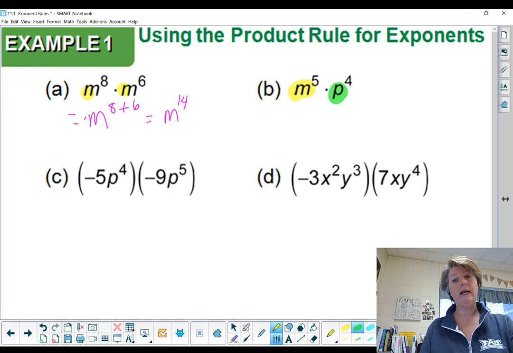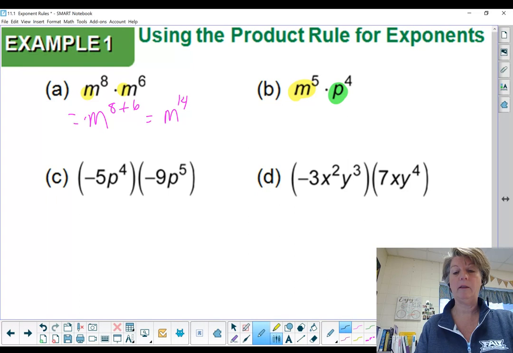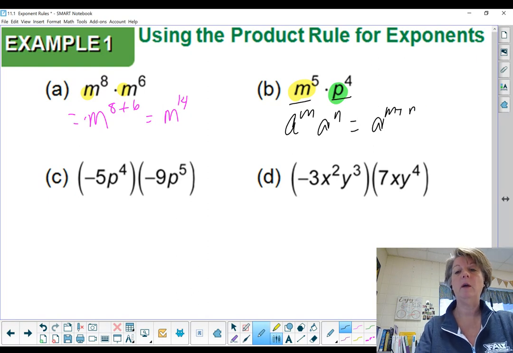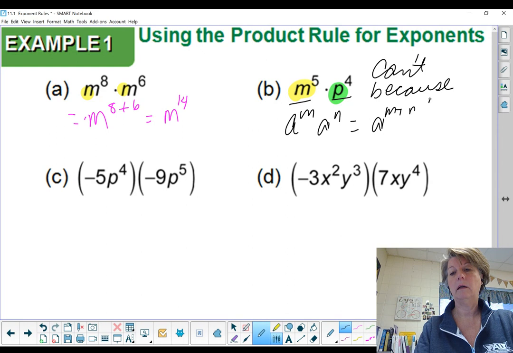On the next one, the first thing I'm always doing is look at those bases. And right now you can kind of see that m and n are not agreeing with one another. So this cannot be simplified. The expression goes, it's a to the m, a to the n, and that allows us to go a to the m plus n. But in this case, we have different bases. So cannot simplify because bases are not the same.